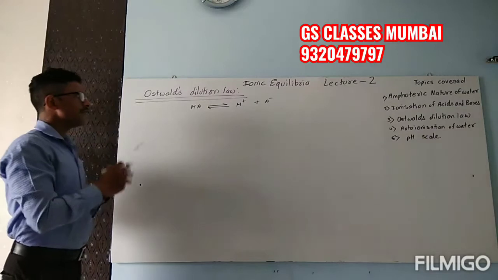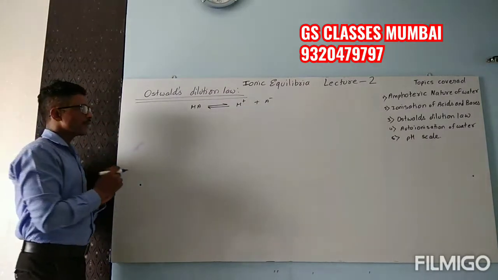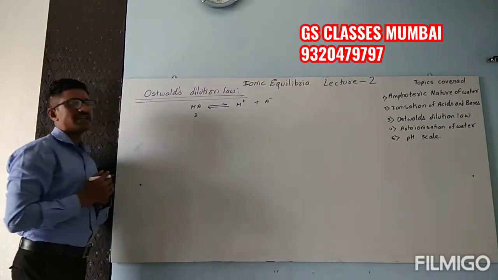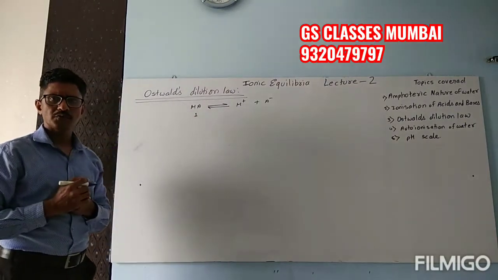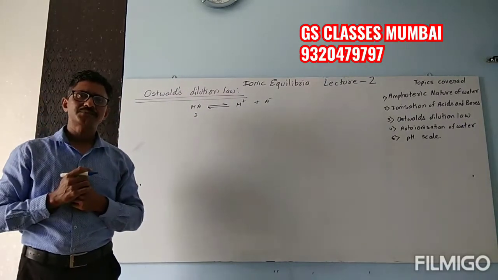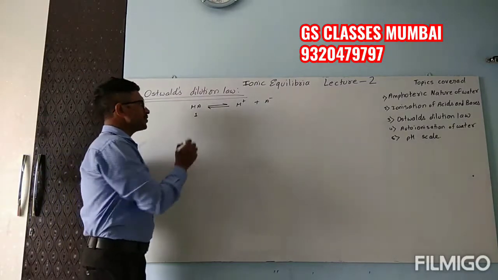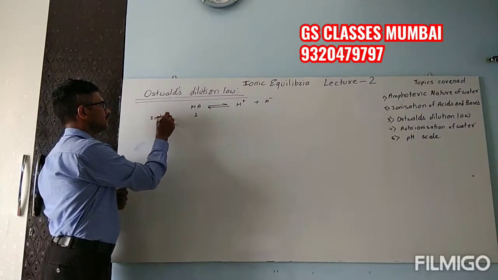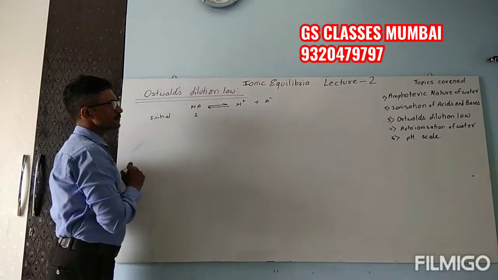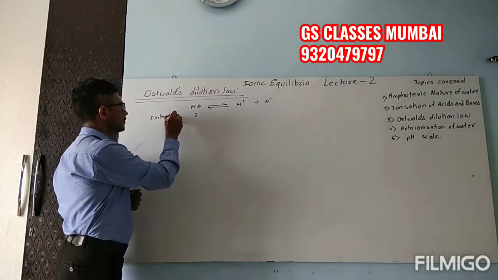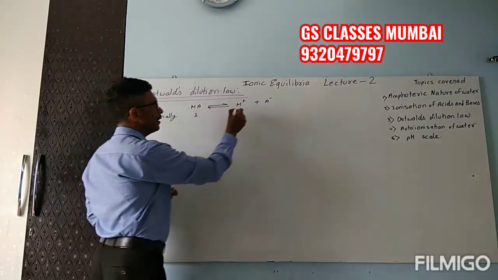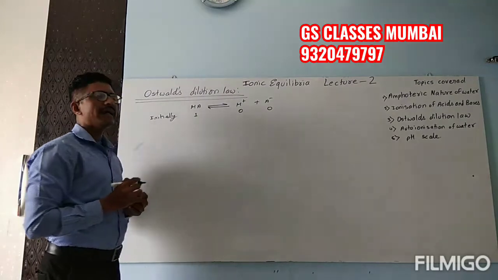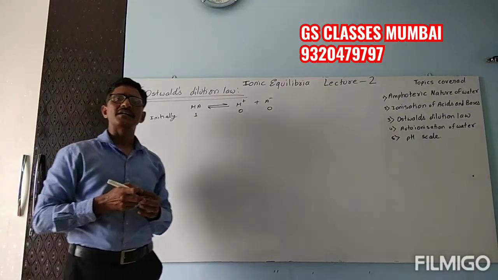Initially, before the equilibrium, suppose we have taken 1 mole of HA. Initially, we are not going to have any of the H plus ion and A minus ion.